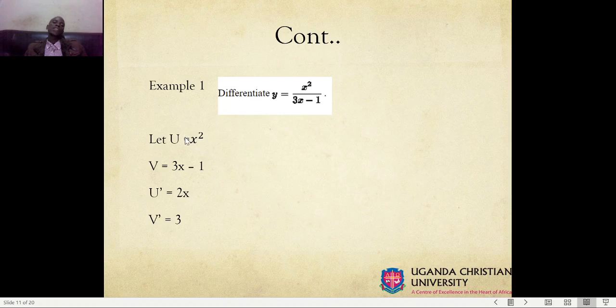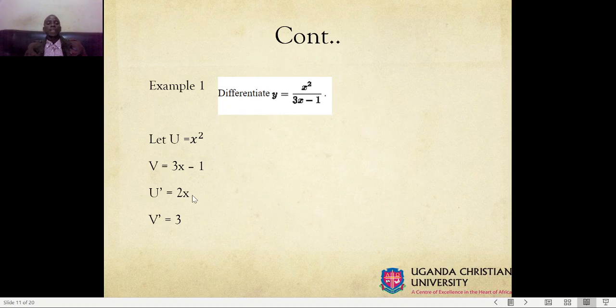You multiply by the power and subtract 1 from the power, so it's 2x. That's the answer. Then the derivative of the denominator, 3x minus 1: 1 is a constant. If I'm faced with 3x, I will automatically know that the derivative is 3.